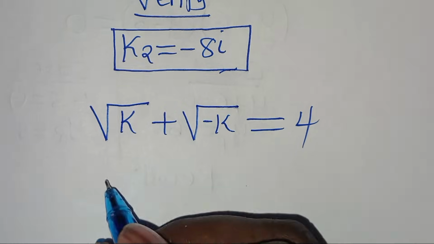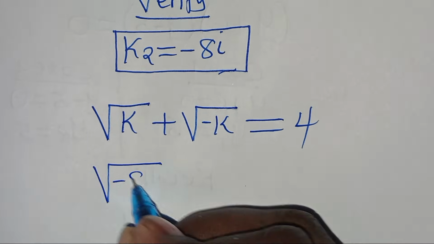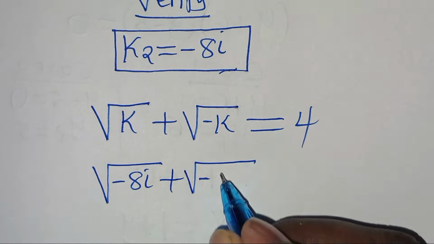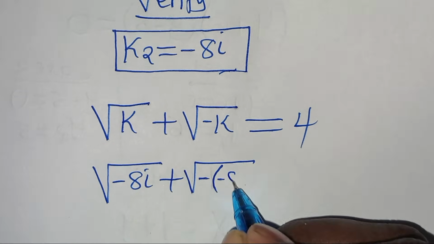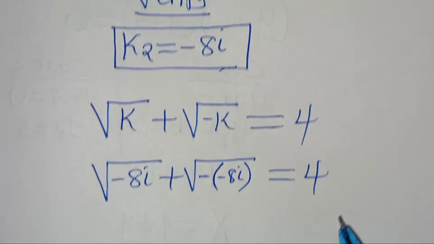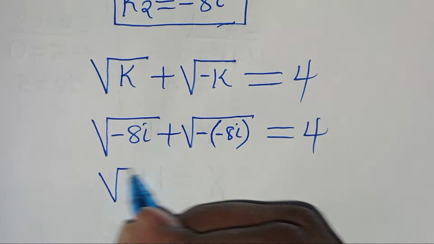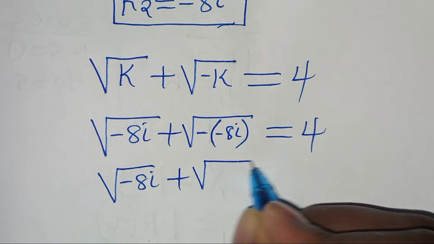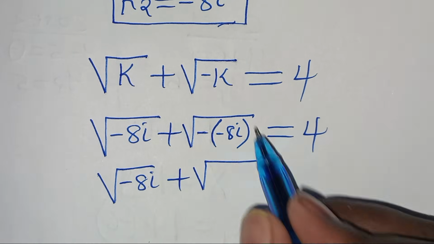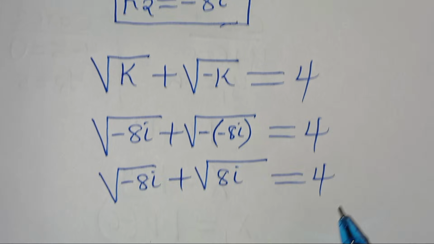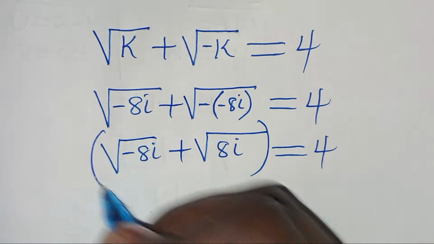So we have the square root of -8i plus the square root of negative, in the parentheses, -8i. This is equal to 4. So this is the square root of -8i plus the square root of negative times -8i, which is 8i. This is equal to 4. So let's square both sides from here.